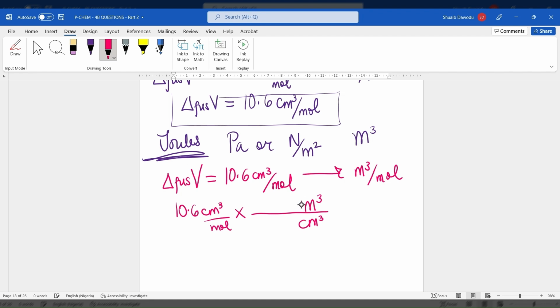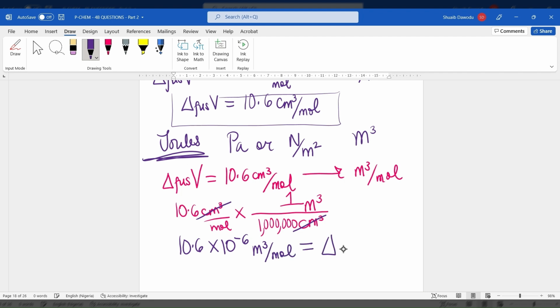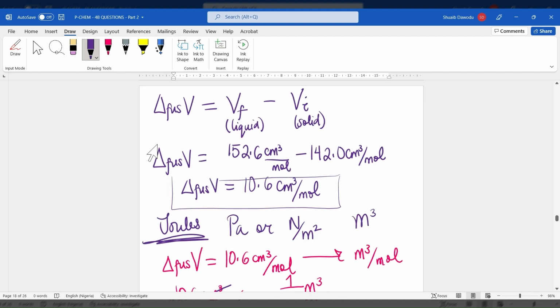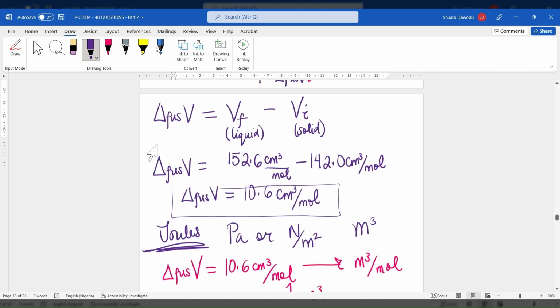How many centimeter cube are in 1 meter cube? 1 meter cube is equal to 1 million centimeter cube. So we cancel out centimeter cube, and 10.6 meter cube divided by 1 million mole gives 10.6 times 10 to the power of -6 meter cube per mole, which is the change in molar volume of fusion. Now we have all the information, so we can simply substitute.